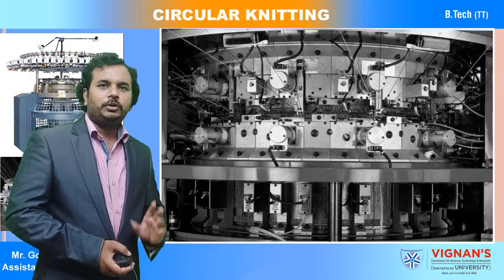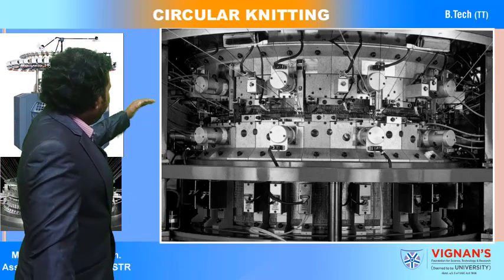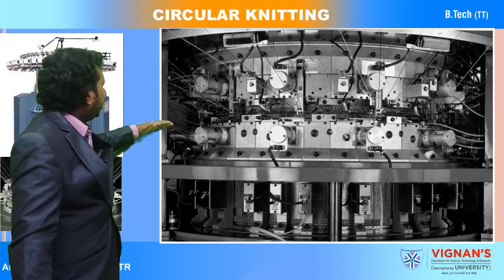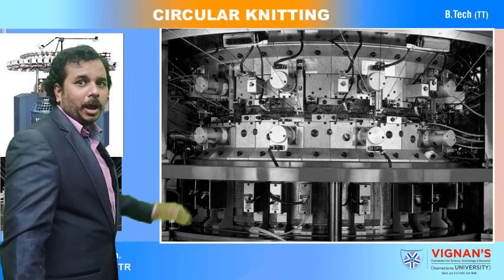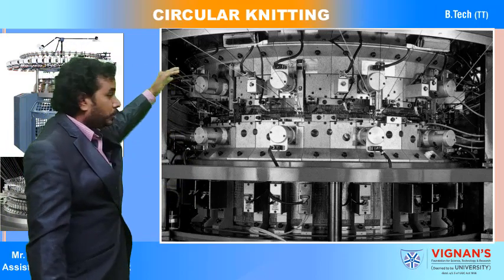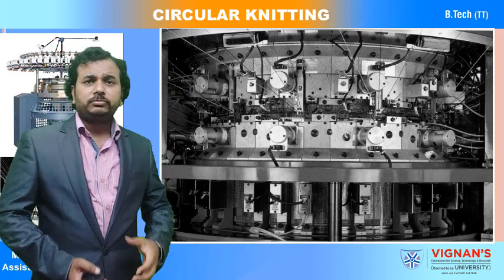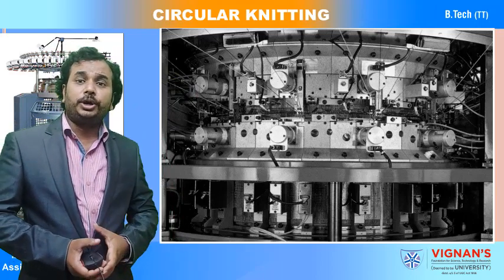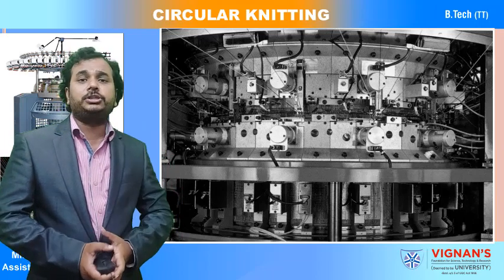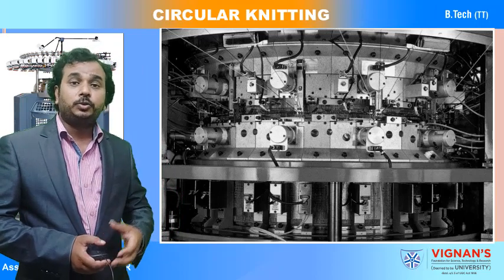The image shows the upper cylinder and the lower cylinder. In between them we feed the yarn to the needles. Now, how are these needles operated? What is the operating procedure of the needles present in the two cylinders?